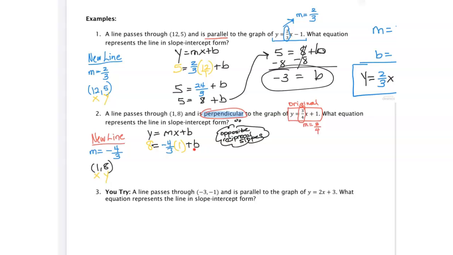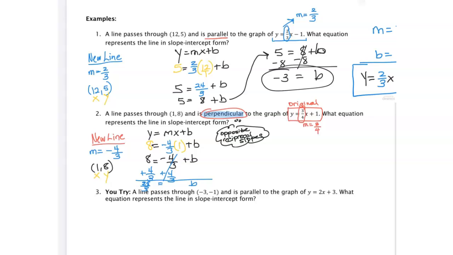From there, in order to solve for b, we're going to multiply -4/3 times 1, and that will give us -4/3, plus b equals 8. Okay, from there, we need to add 4/3 on both sides of our equation. So we'll get b is equal to 8 plus 4/3, which gives us 28/3.